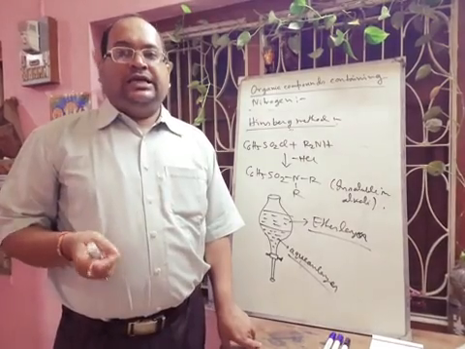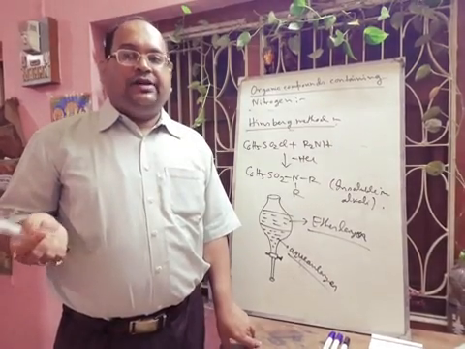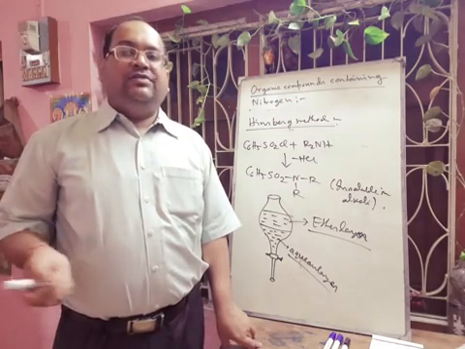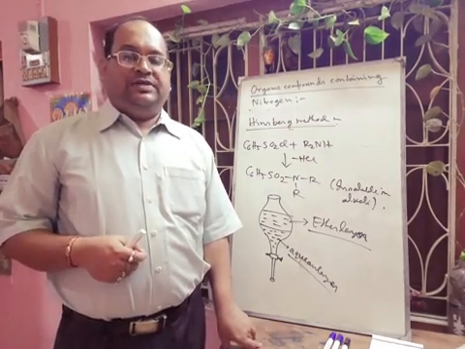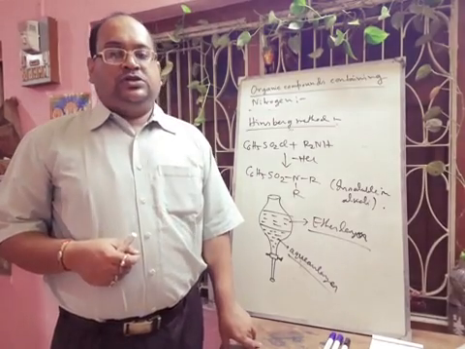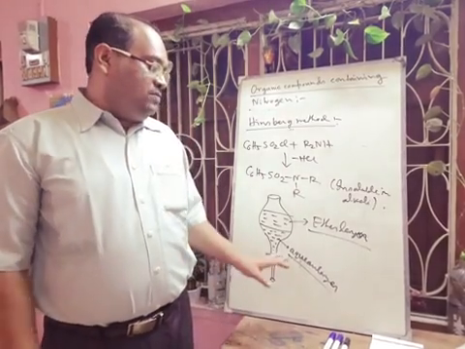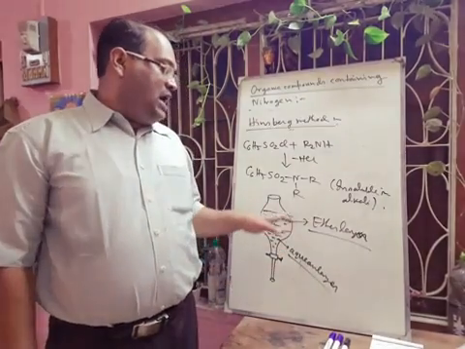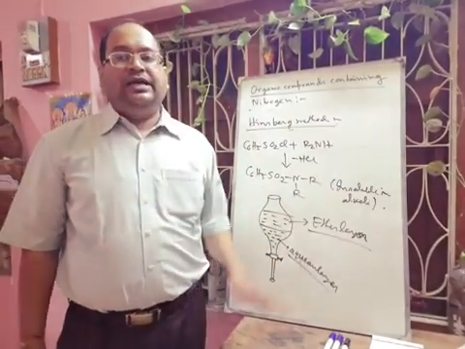Then we distill the hydrochloride of the primary amine over NaOH, and we get the free primary amine. So from the aqueous layer we get the primary amine, and from the organic layer we get the secondary and tertiary.